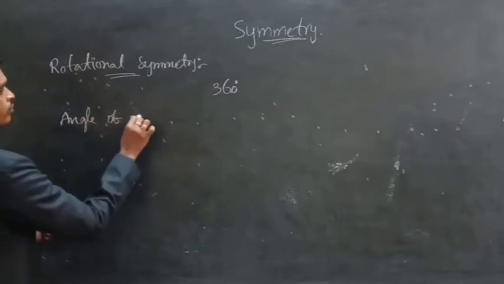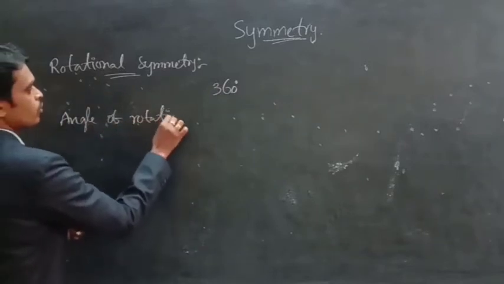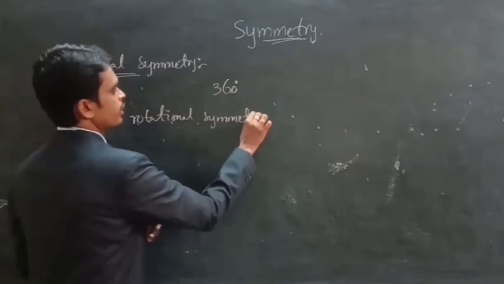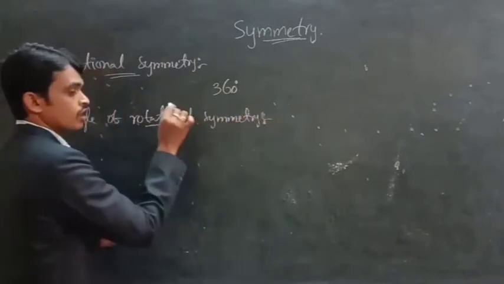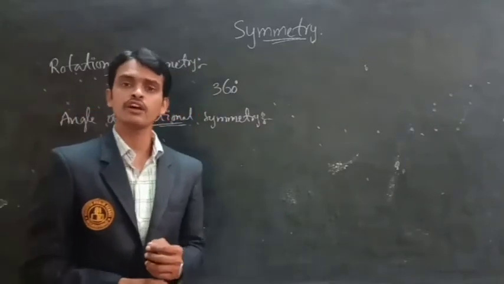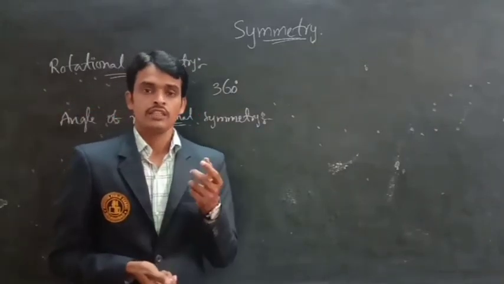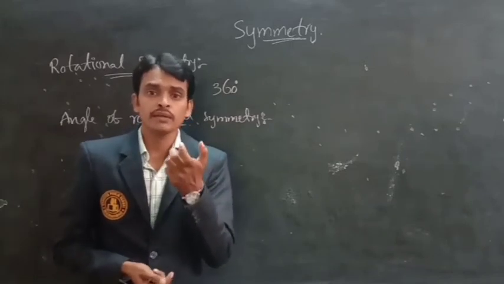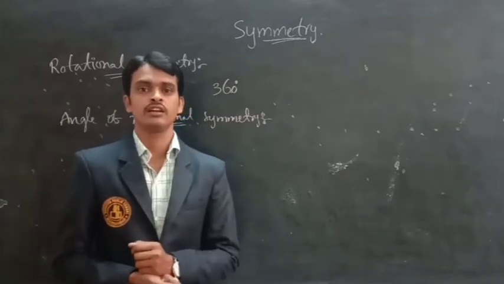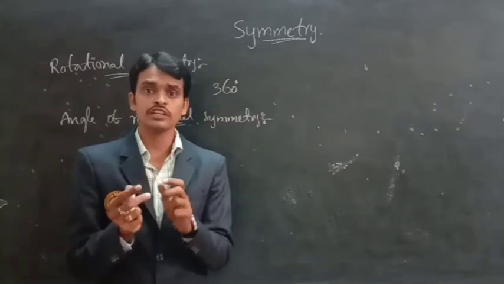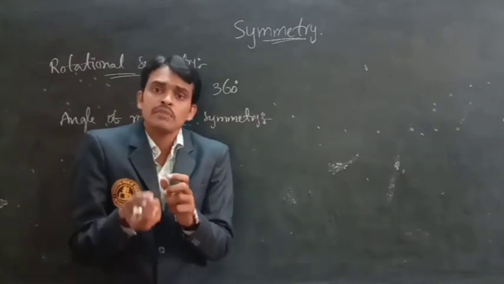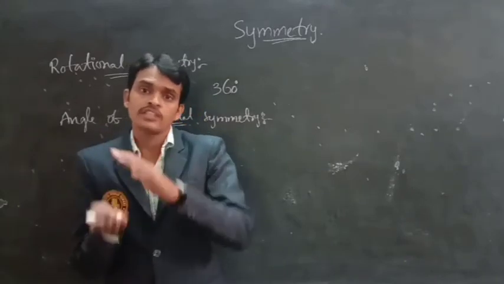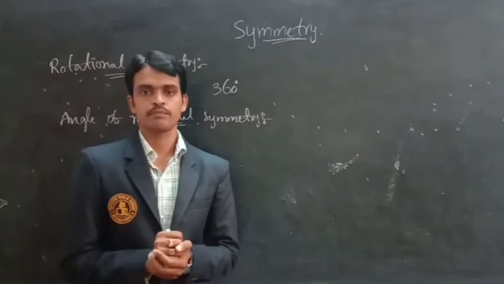Angle of rotational symmetry. The definition: the figure is rotated by the minimum angle to get exactly its original shape.